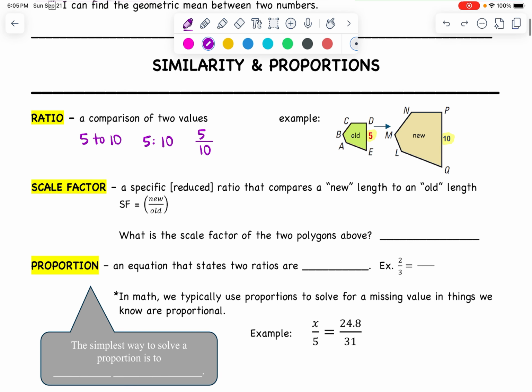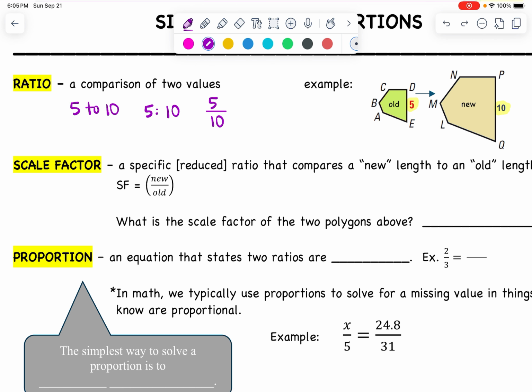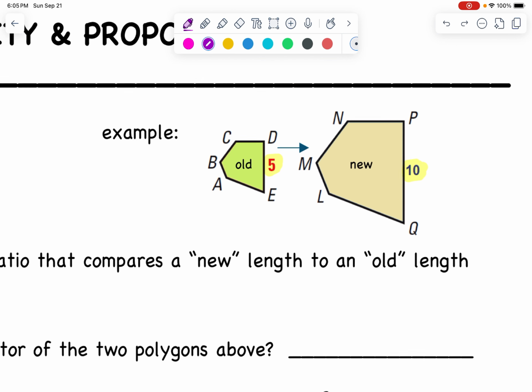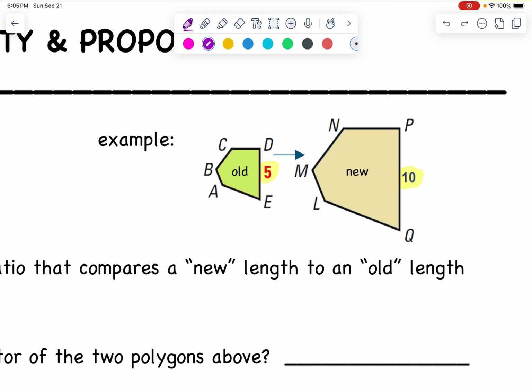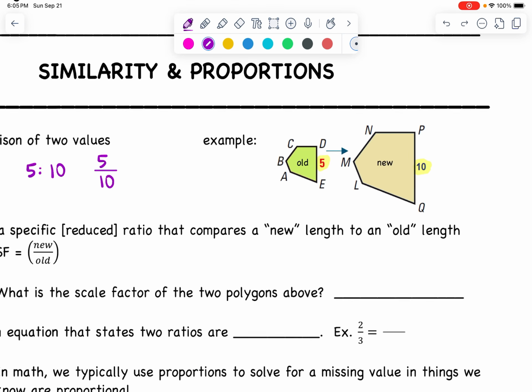Now, I say that with a grain of salt because our next word is scale factor. And scale factor is a very specific ratio that compares the new to the old, right? In this case, we always read pictures from left to right. So this is the old one, and then we did something to it to make it bigger. So now here's the new one, and we always compare new to old.